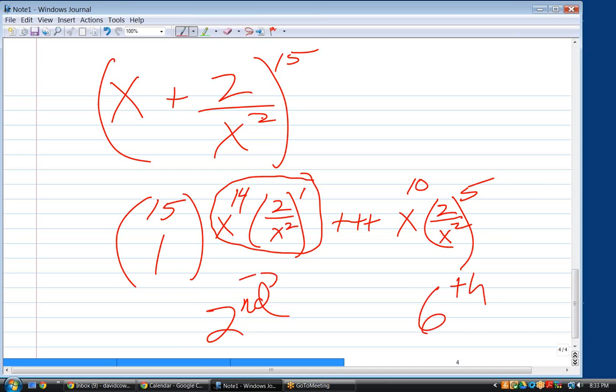Look, the second term goes with the 1, and this is going to keep going up, so the 6th term has to go with a 5. Okay, so now they want the constant term, right? They want to know what it is. So what goes here? 15 what? 15 choose 6.